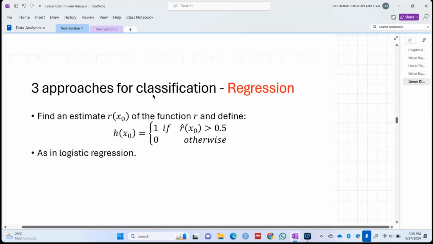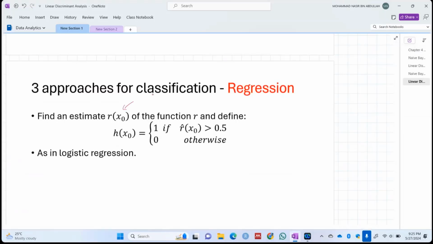The second method is by using regression. By regression, we can estimate the probability, and by using the decision rule we learned last week, when the probability is more than 0.5, we classify as 1, and less than 0.5, we classify as 0.